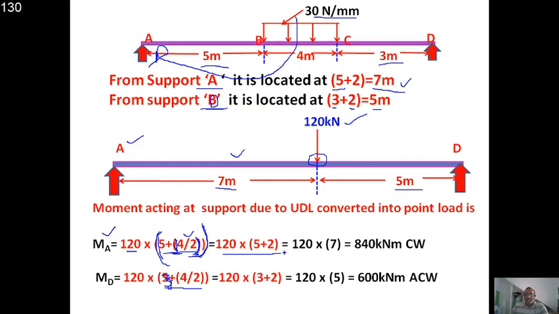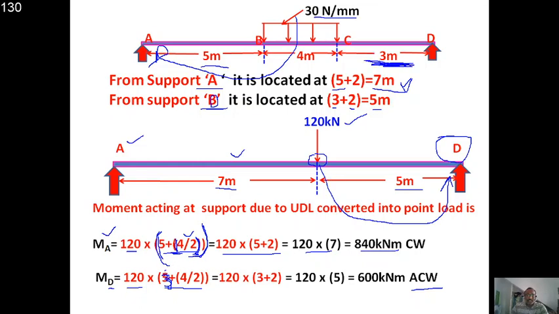Therefore 120 into 5 plus 2, that is nothing but 7 meters, so I got 840 kilonewton meter. Here also 120. If I want to take the moment about D, this is the moment about D which will come like this, so it is an anti-clockwise direction moment. Therefore, what is the distance? Initially it is 3, right?